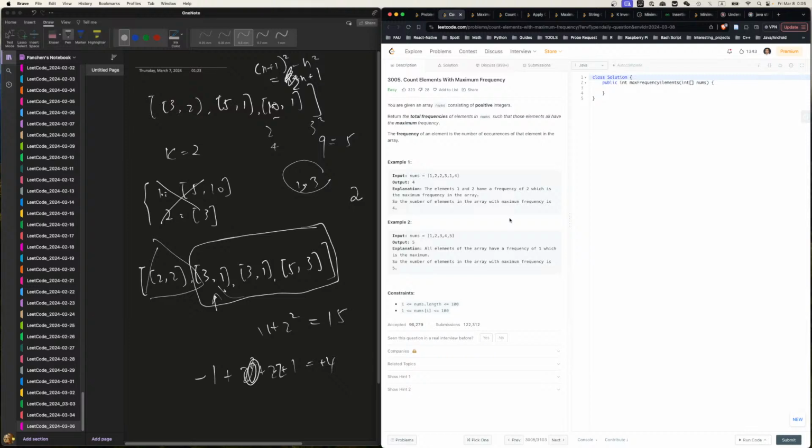Okay, so we have to go through the whole thing and count the frequency of each one, right? The number is at most 100, so we can probably just get away with an array of size 100. So we go through this and fill it out, and then go through again.